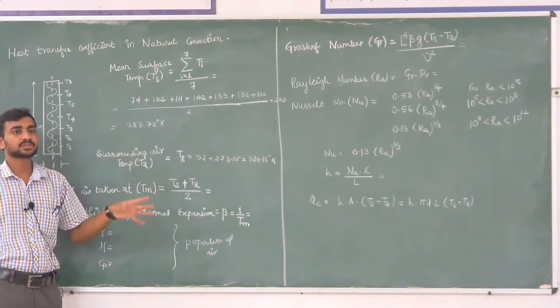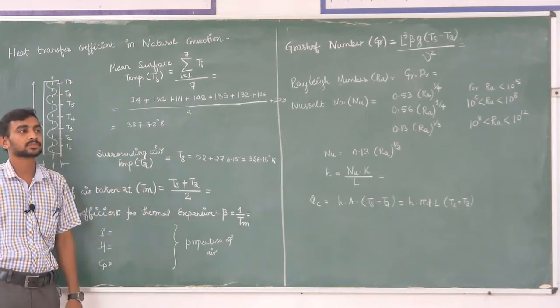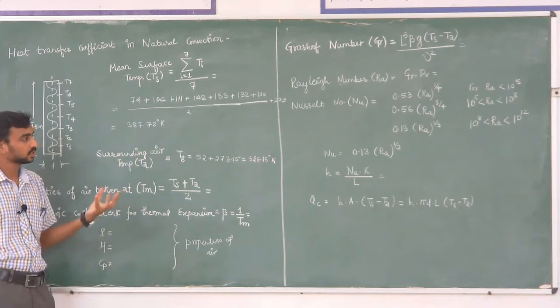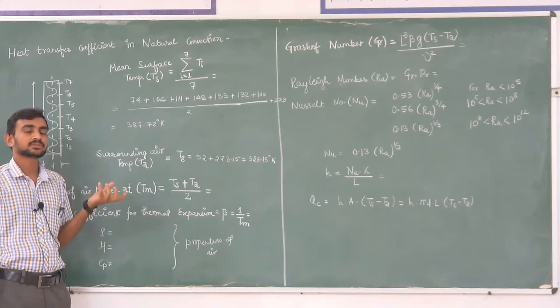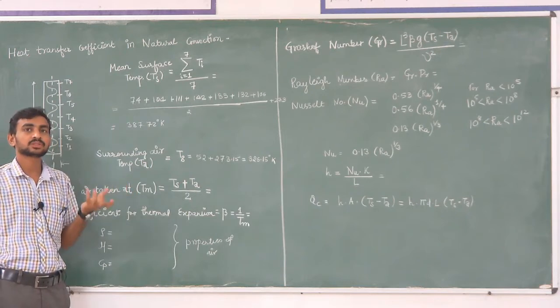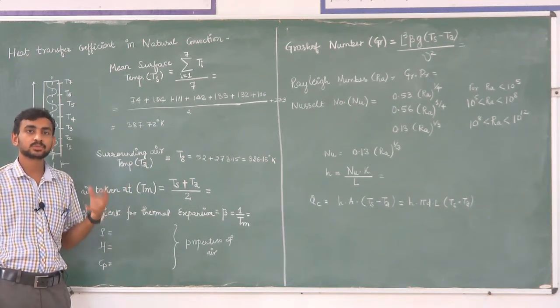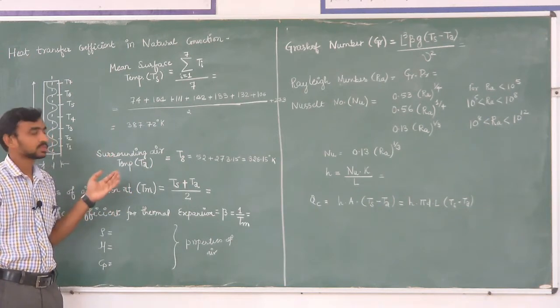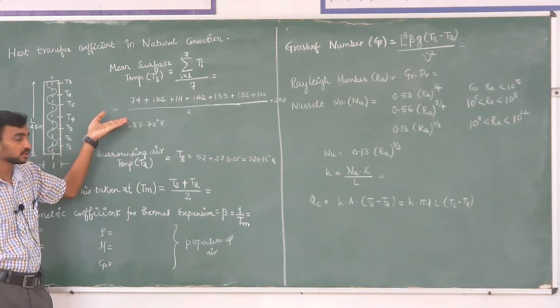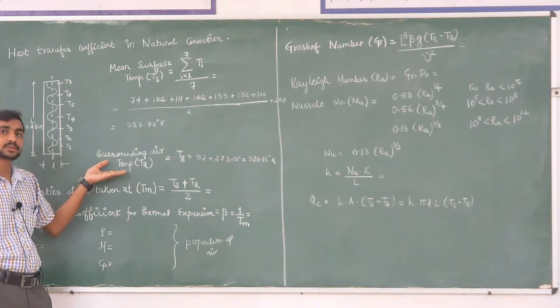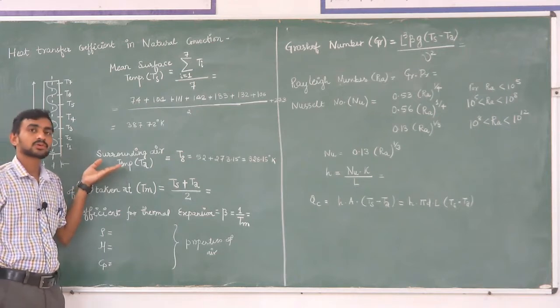For any convection or heat transfer numerical, we calculate the mean air temperature at which all the property values should be taken. In the present case, this is the mean surface temperature of the steel tube, the outer surface temperature, and this is the surrounding air temperature.